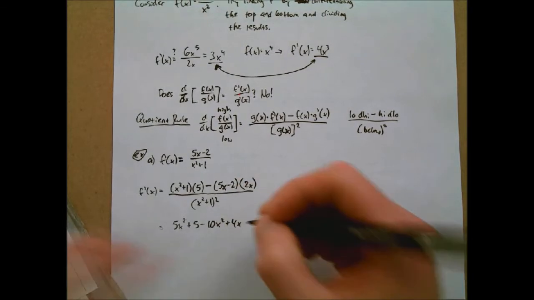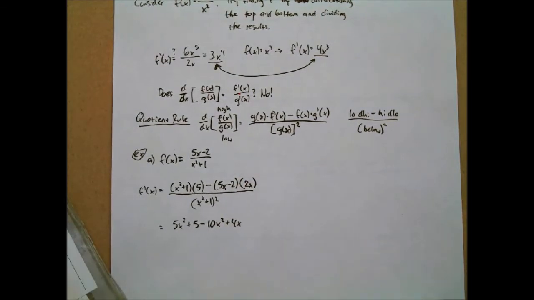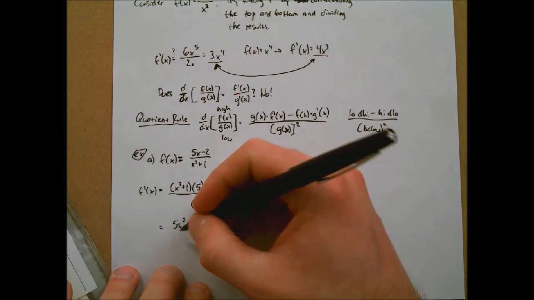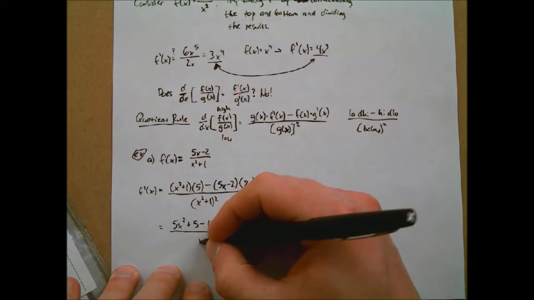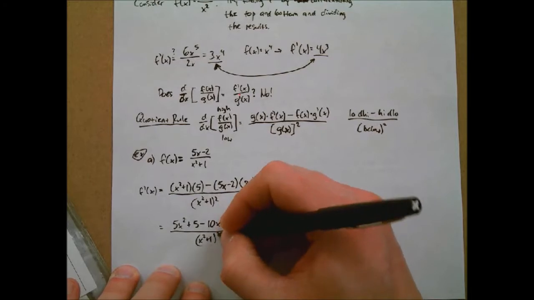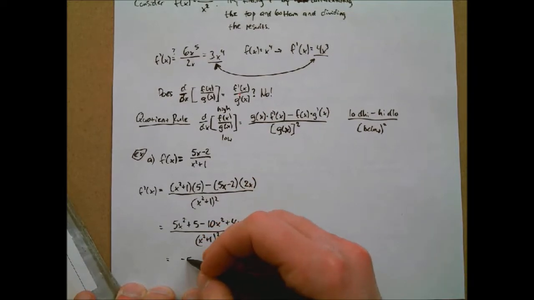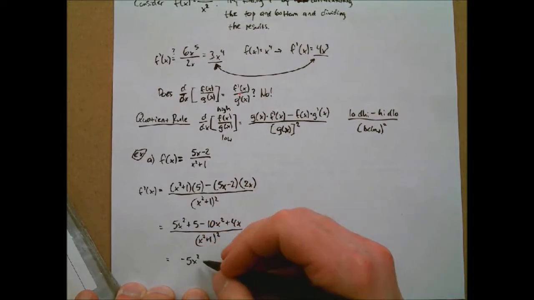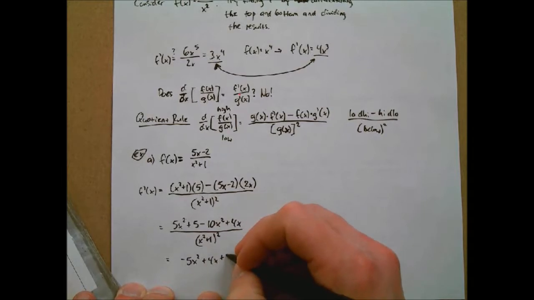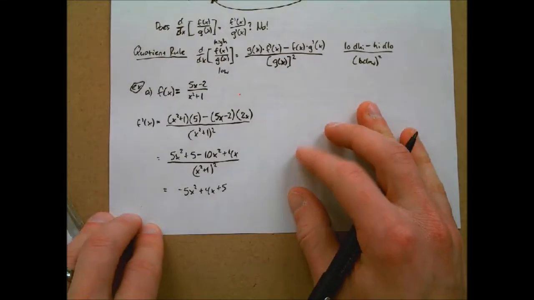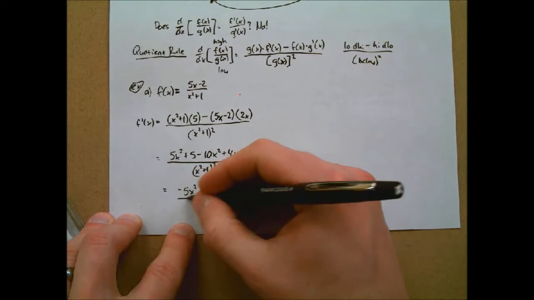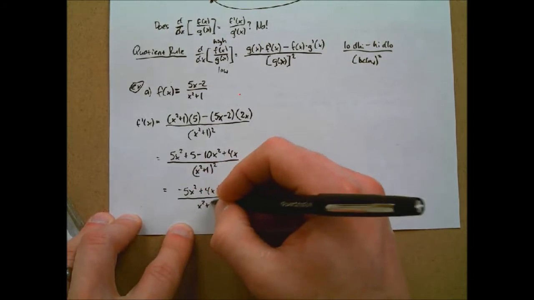Then we combine like terms in the numerator. If you want to expand out the denominator, you can, but I'm not going to. We get negative 5x squared plus 4x plus 5, all over x squared plus 1 quantity squared.